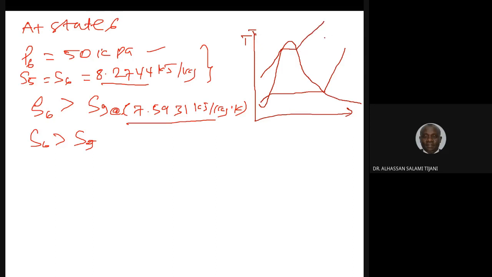First we have expansion in the first turbine. Isentropic expansion is this. Then we have reheating, followed by the second expansion in the turbine. So this is 1, 2, 3, 4, 5, and 6. Now we know that state 6 is superheated.